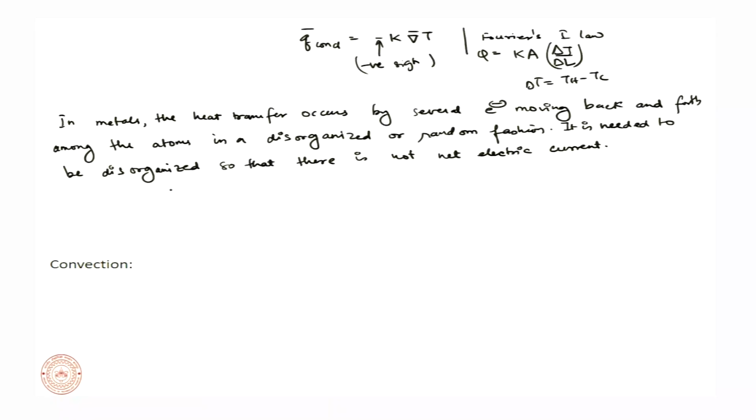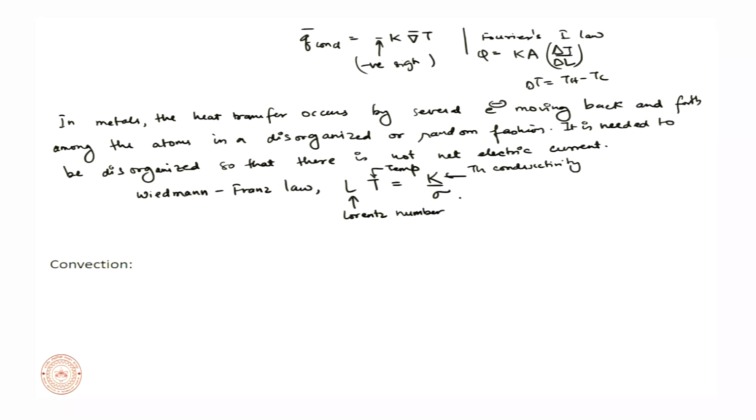So there is a relation which is called the Wiedemann-Franz law, which relates the electrical conductivity with the thermal conductivity. So L T equals K over sigma, where L is the Lorentz number, T is the temperature, K is the thermal conductivity, and sigma is the electrical conductivity.